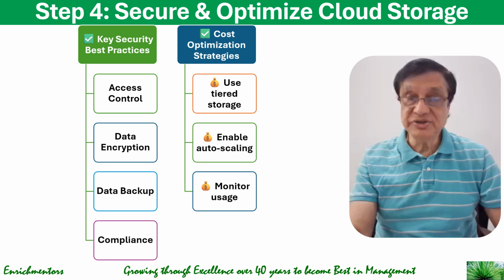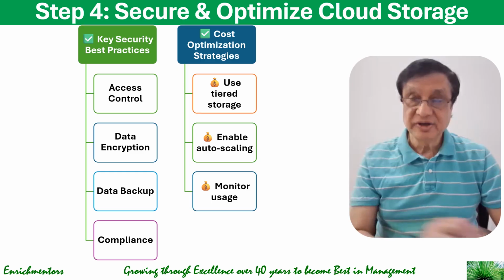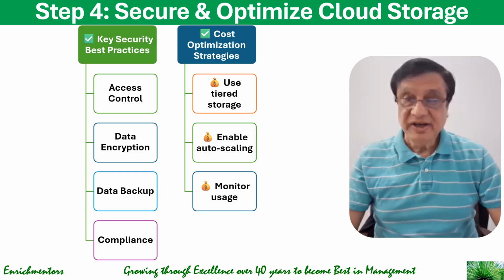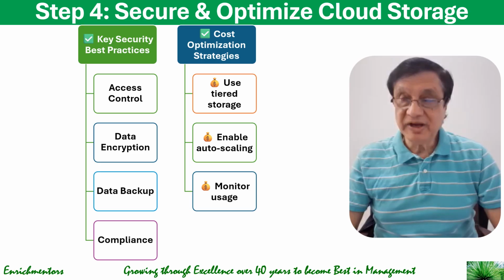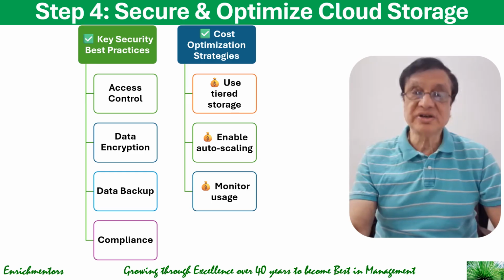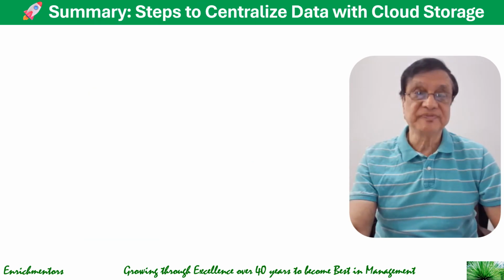And you can monitor usage using AWS Cost Explorer, GCP billing, and Azure Cost Management. Now, how do companies secure and optimize cloud storage? A media company archives old videos in AWS Glacier to save cost while keeping frequently accessed content in S3 Standard. So those are some ways you can secure and optimize cloud storage.